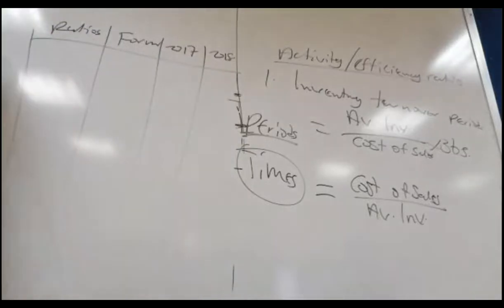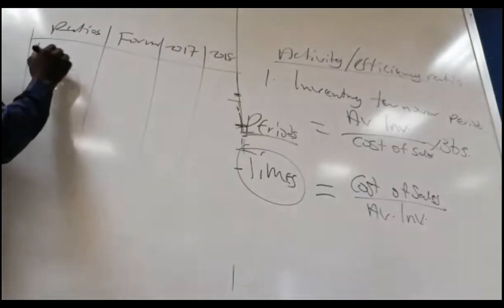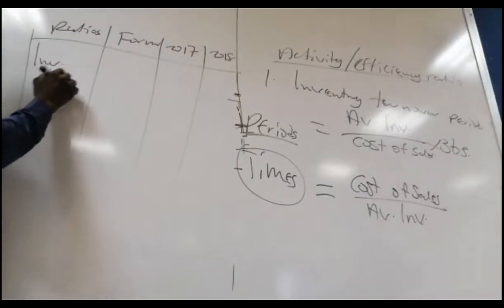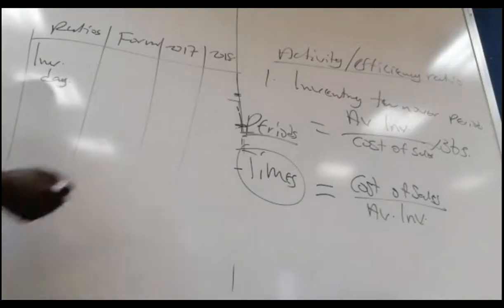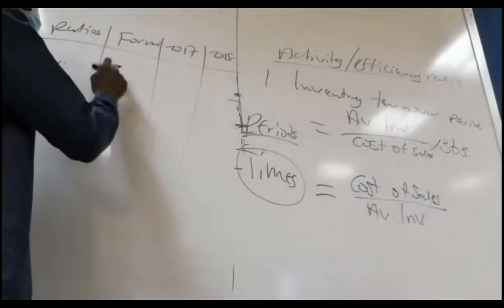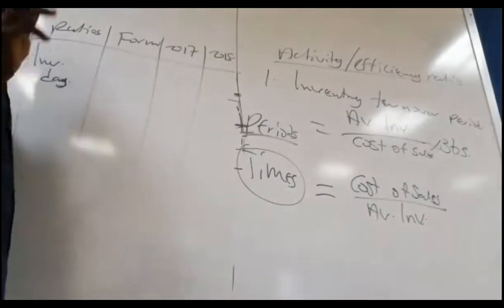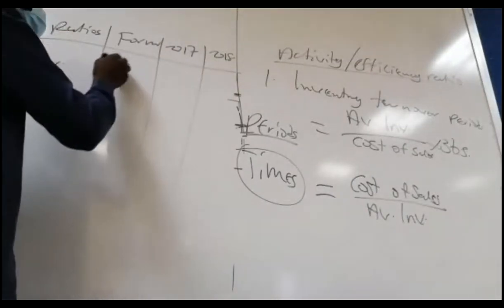So if I'm calculating inventory turnover days, the more I put the formula, the more I remember. But in this question I cannot get the average. So I have to use the closing inventory.